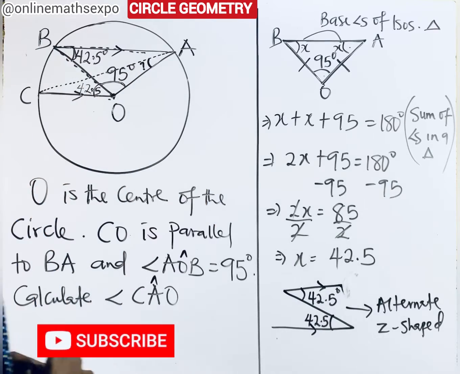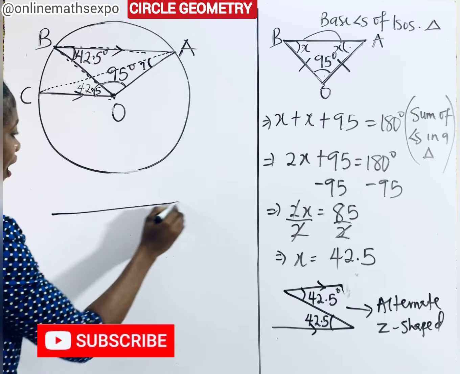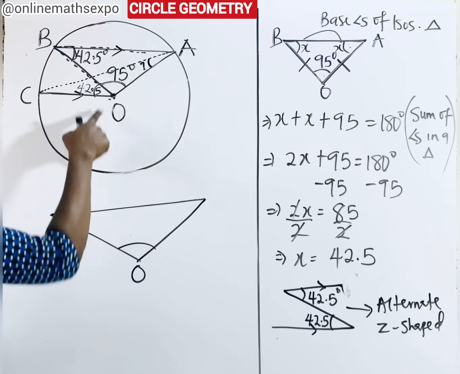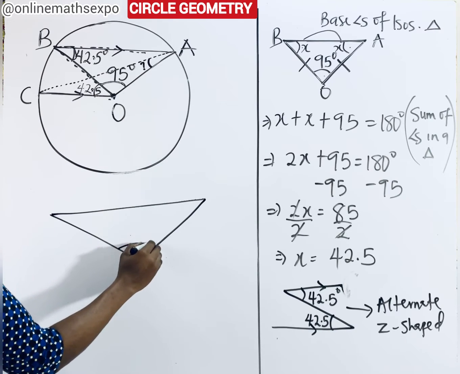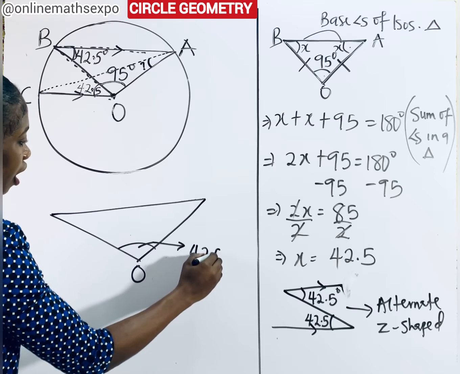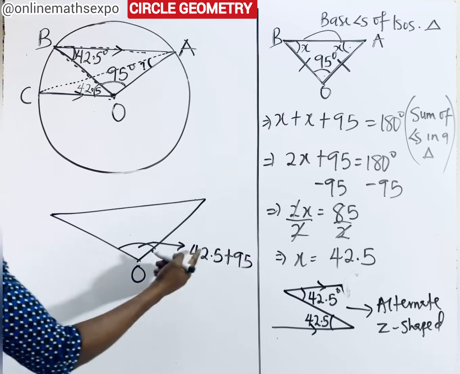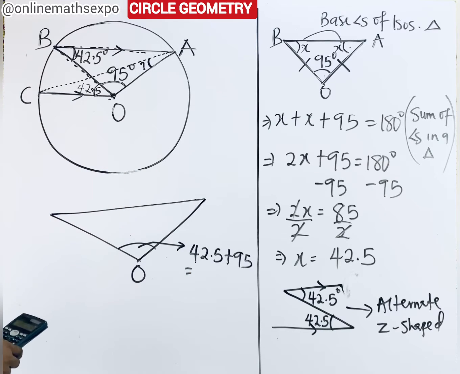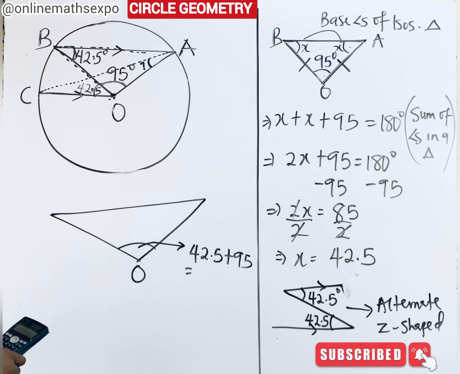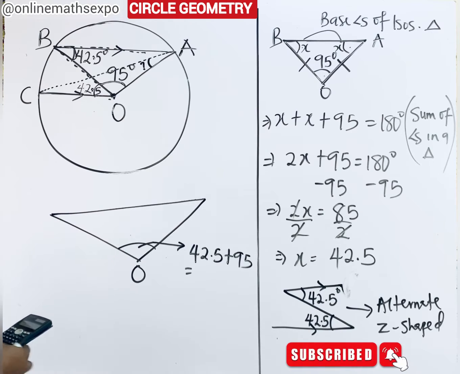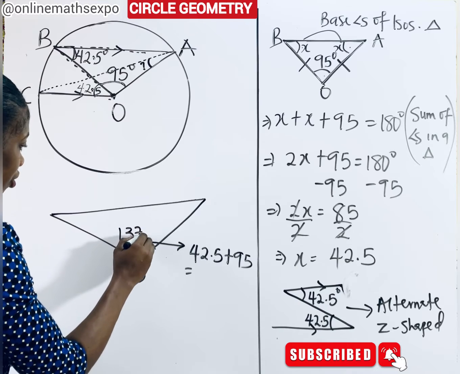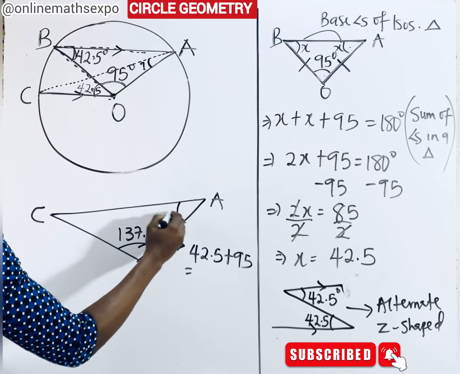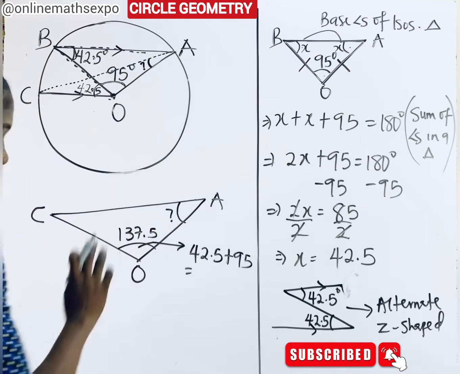Here is O. The total angle at O, you are going to add: 42.5 plus 95. That will give us 137.5. So here is C, here is A. Remember, this is the part we are looking for.